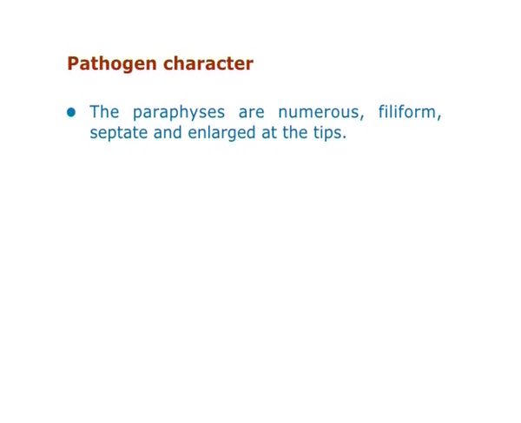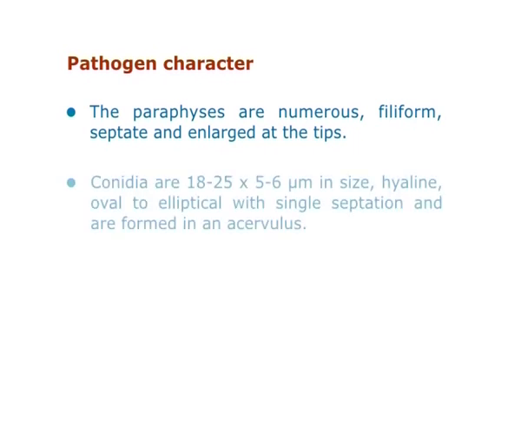The paraphyses are numerous, filiform, septate, and enlarged at the tips. Conidia are 18 to 25 by 5 to 6 micrometer in size, hyaline, oval to elliptical with single septation, and are formed in an acervulus.